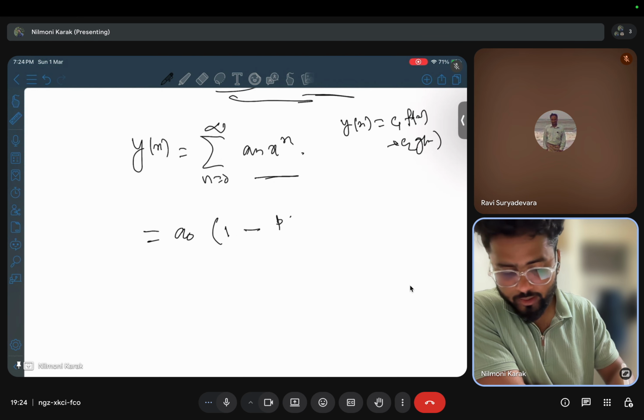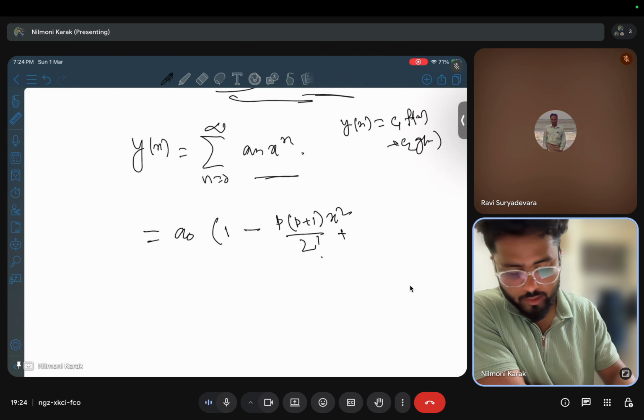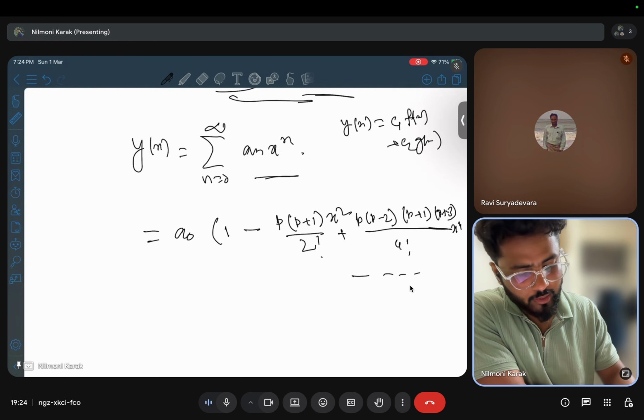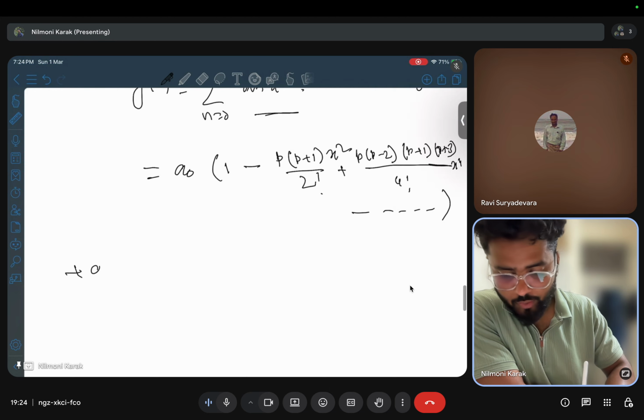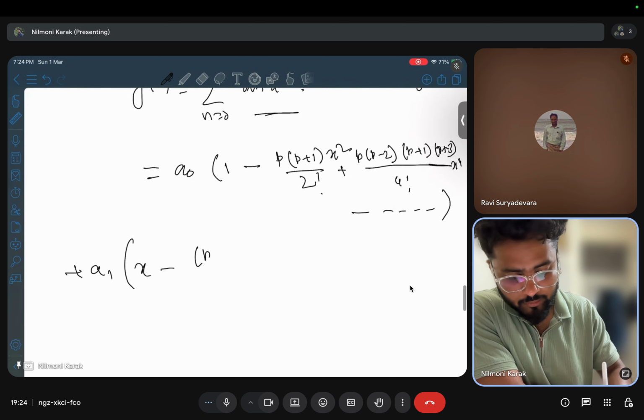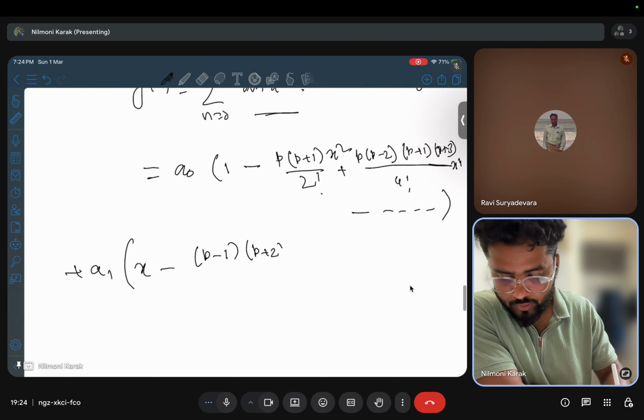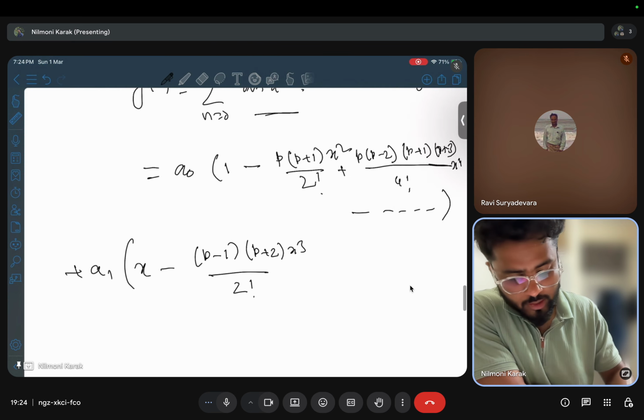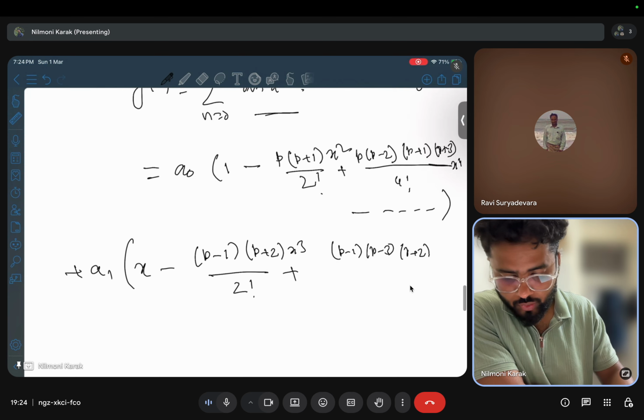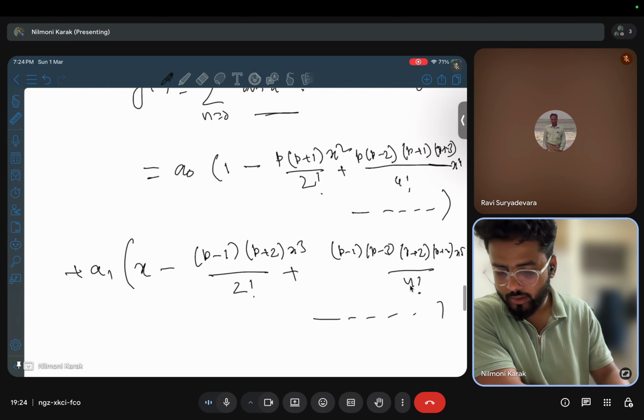The solution is a naught times 1 minus p into p plus 1 x squared by 2 factorial plus p minus 2, p, p plus 1, p plus 3 divided by 4 factorial x to the power 4 minus dot dot, plus a1 times x minus p minus 1, p plus 2, x cubed by 3 factorial plus p minus 1, p minus 3, p plus 2, p plus 4, x to the power 5 by 5 factorial minus dot dot dot.